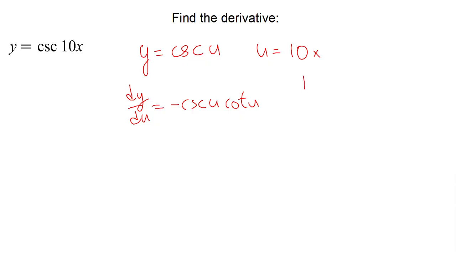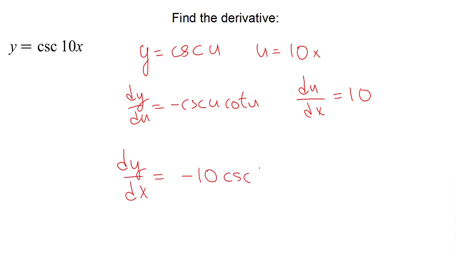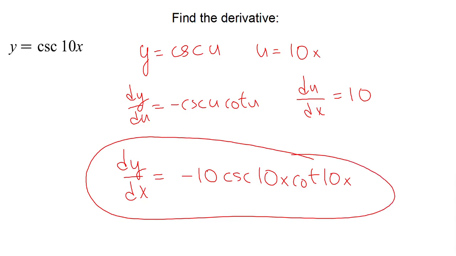And then the derivative of the 10x is, of course, just 10. So when you multiply these together to get your dy/dx, we'll have negative 10 cosecant u, where u is 10x, times cotangent u, where u is still 10x. So negative 10 cosecant 10x cotangent 10x.